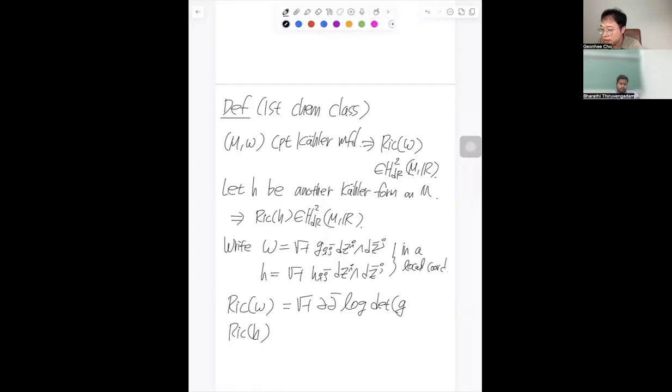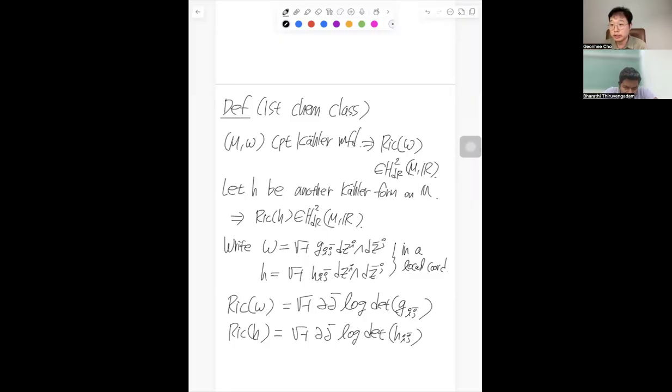So then we just take the determinant, and take the log. The determinant of the Hermitian metric becomes real, so we can take the log and we can take the bar. Similarly, we can also do this. But the expression on the right-hand side depends on the local coordinate.